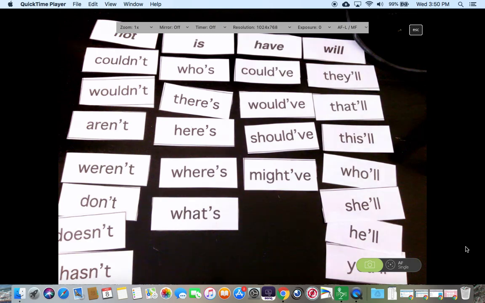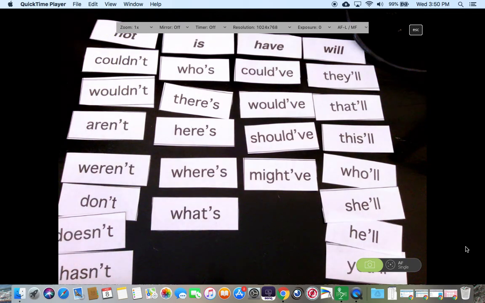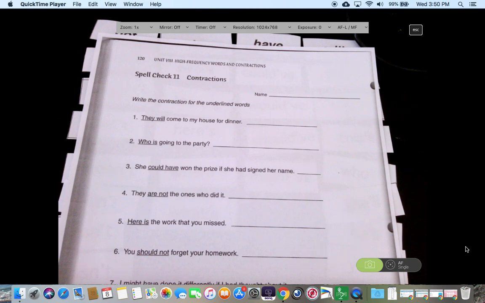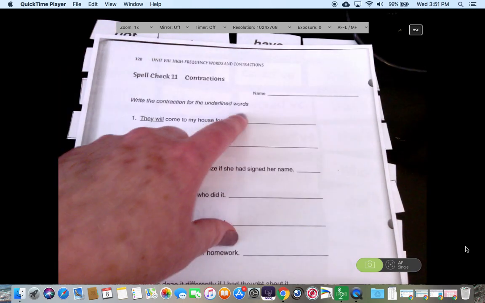The next thing that you have after you've checked your sort, you can pause the video here if you need to make sure that you have all your words sorted correctly. In class, of course, you would often write them down in your spelling journal. You can certainly do that now as an extra if you want. Inside, you have a sheet here. It says write the contraction for the underlined words.